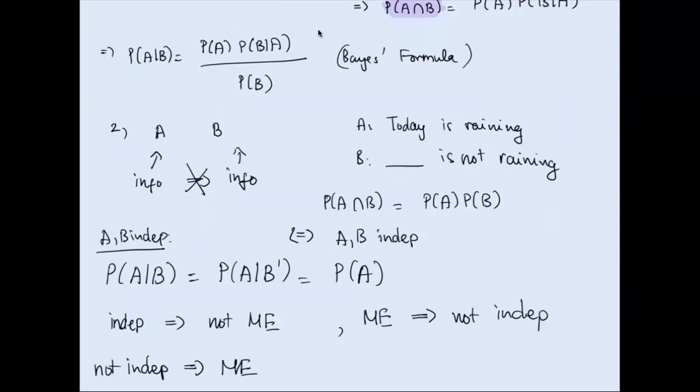This implication is wrong. And you can also not say not mutually exclusive implies independent. This is also wrong. You can only say the first one and the second one. If you learned about logic, they are actually the contrapositive of each other. So logically, they are equivalent.